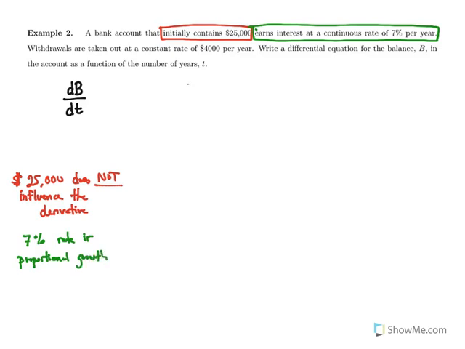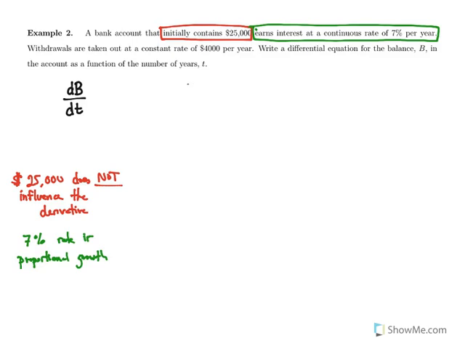This is our idea of growing at a rate proportional to something. We earn 7% each year. If we have a little amount of money, that's going to gain just a little bit amount of money back. If you have a savings account, you know that if you have a little bit amount of money in there, it looks like your savings account's not really gaining much. But if you have a lot of money, that 7% will gain you a lot of money in that account. So that is proportional growth.